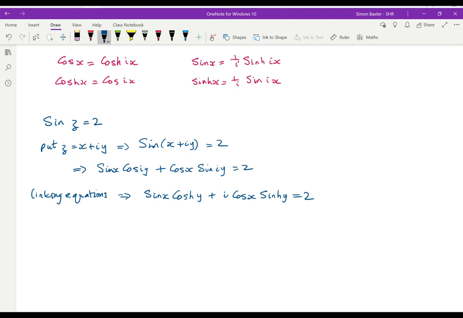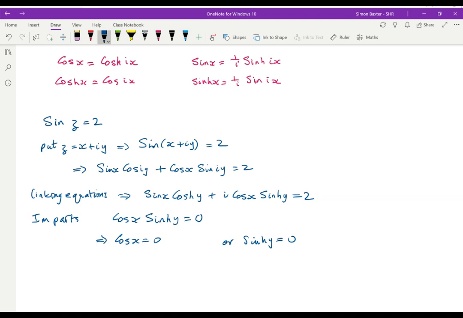All right, let's solve that then. Imaginary parts: cos x sinh y is equal to 0. This tells us that cos x equals 0 or sinh y equals 0.